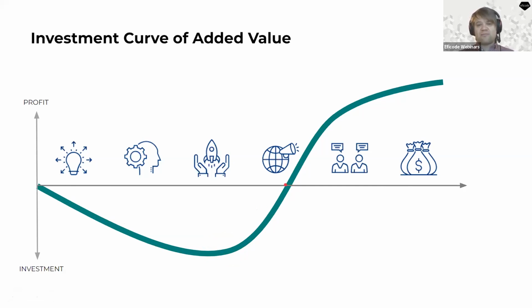And then at some point, hopefully all products get on top of this line and start to actually create profit for the organizations. Of course, the investments here are still ongoing. Quite often there are operative costs and stuff like that happening all the time. So this is a cumulative curve of things.